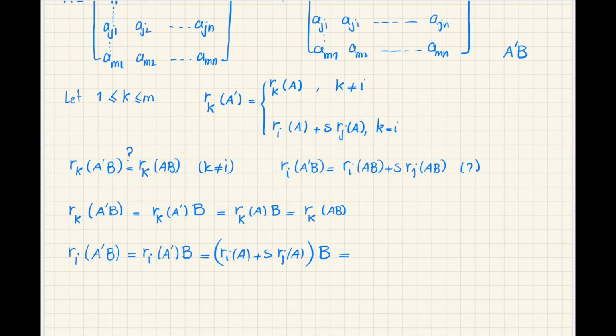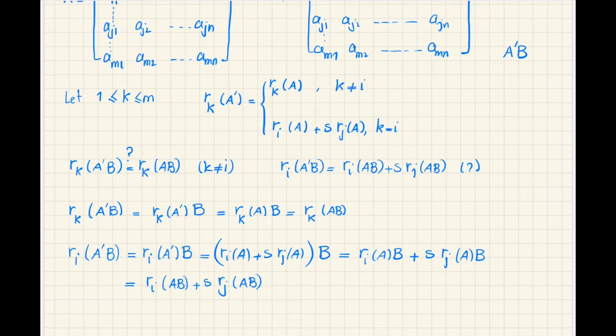So it becomes r sub i of A multiplied by B, but I have to keep the order the same, so B should be multiplied from the right, and then s times r sub j of A times B. Again, the first term can be written as the ith row of the product AB plus s, and the second product can be written as the jth row of the product AB.